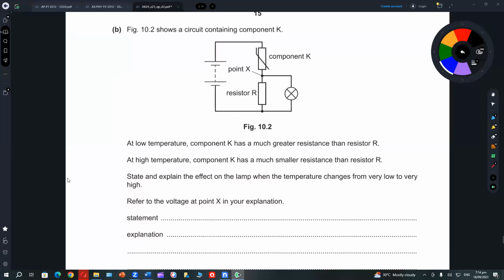The figure shows a circuit containing components K, and there is a resistor and a lamp. At low temperature, component K has a much greater resistance than resistor R. At high temperature, component K has a much smaller resistance than resistor R. State and explain the effect on the lamp when the temperature changes from very low to very high.